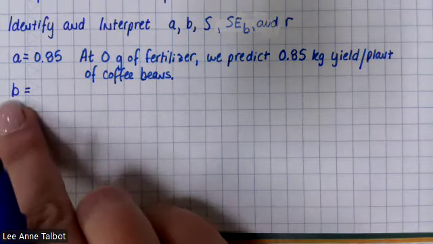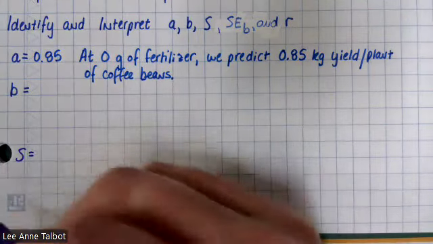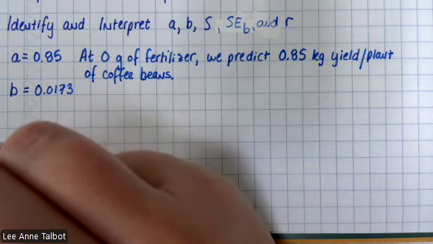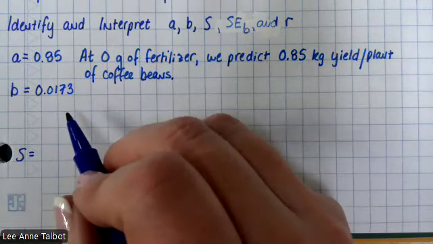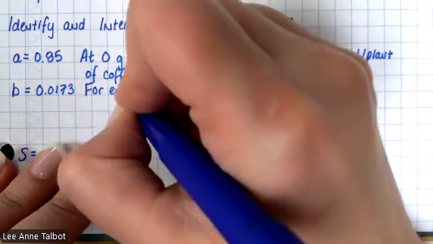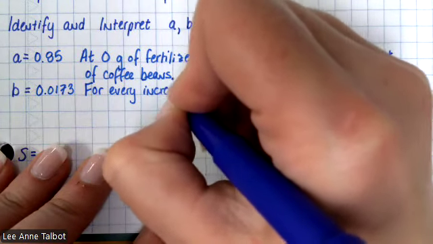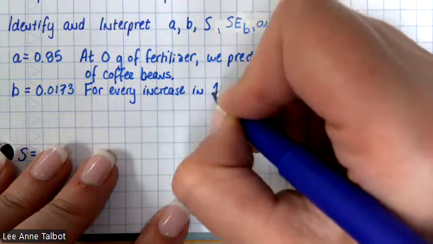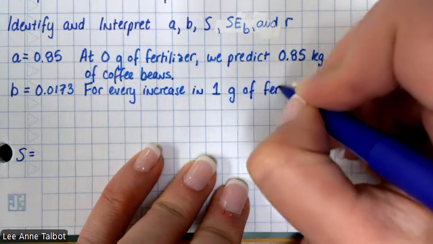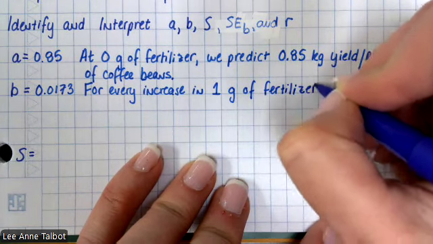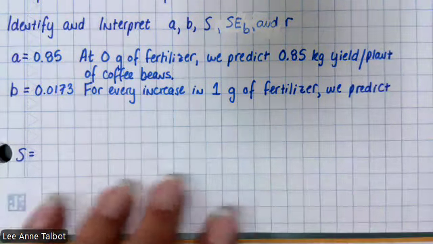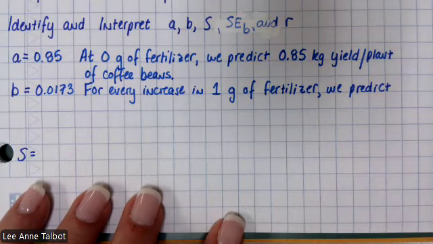Which thing is b? 0.0173. What thing is this? Slope. For every increase in 1 gram of fertilizer, we predict... what goes next?